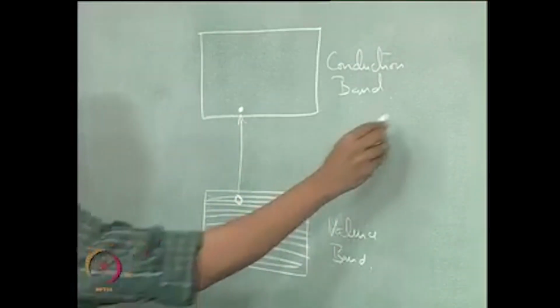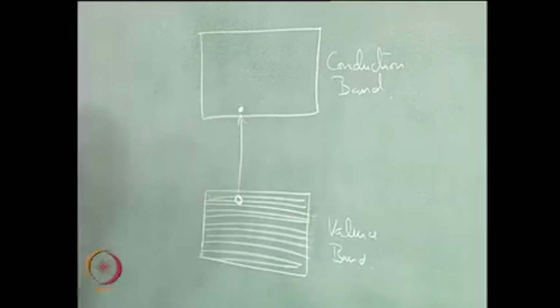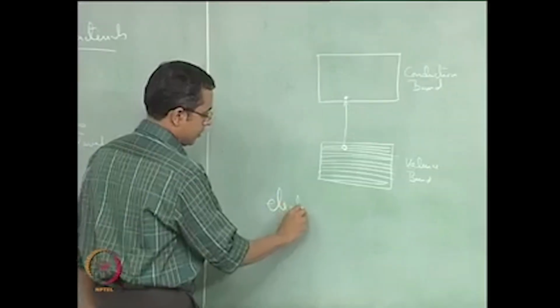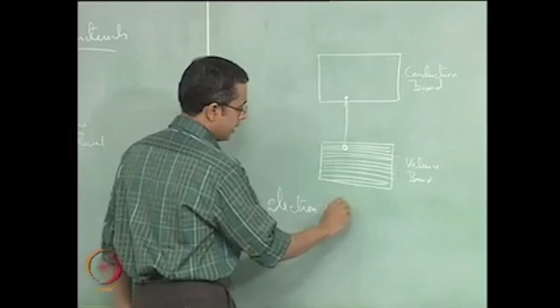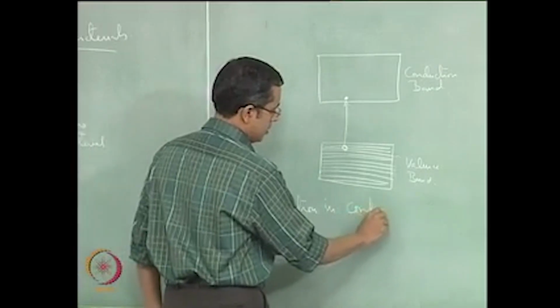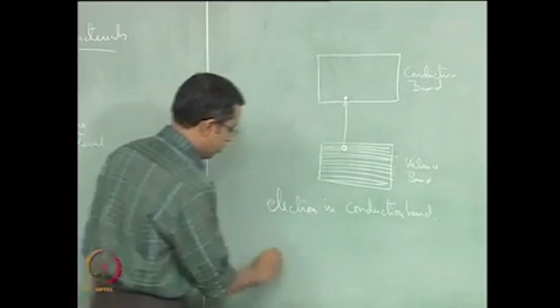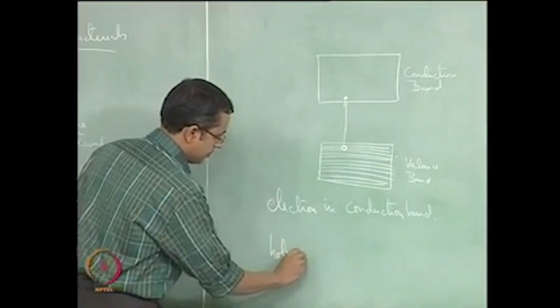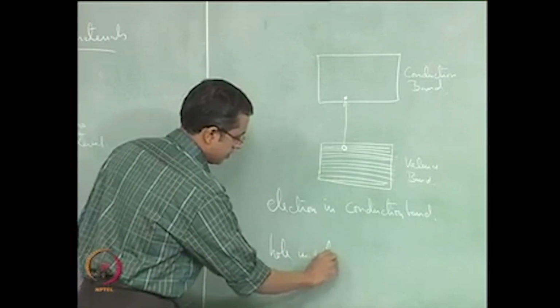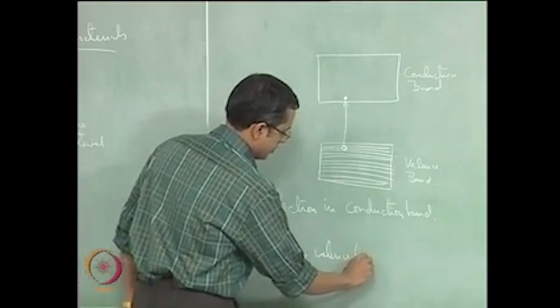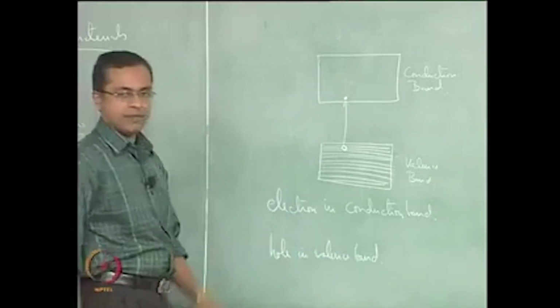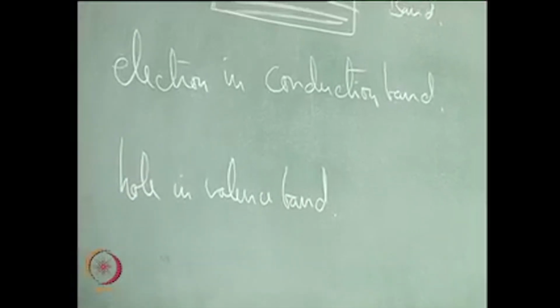Okay. So, when we do one transfer, we have an electron in the conduction band, and we have a hole in the valence band. Okay. So, this we are quite familiar with, this happens.